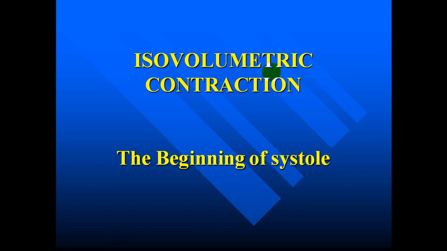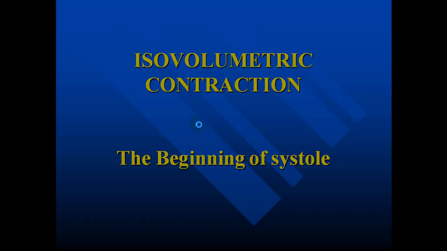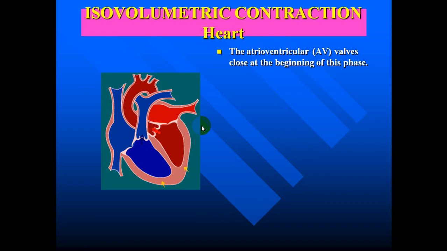We come to the next phase, isovolumetric contraction at the beginning of systole. In isovolumetric contraction, the atrioventricular valve closes due to the high pressure pushing on the AV valve.